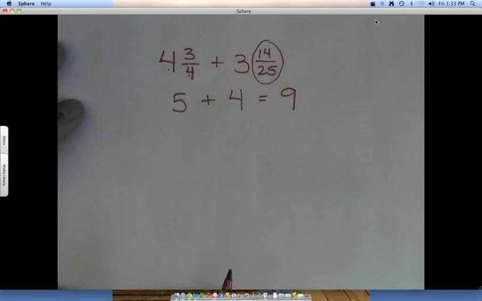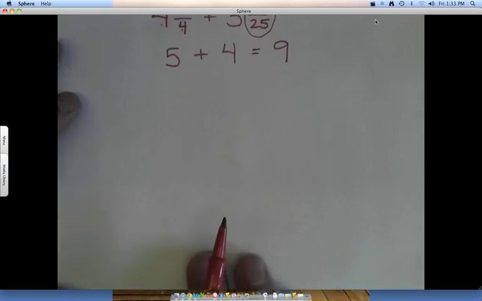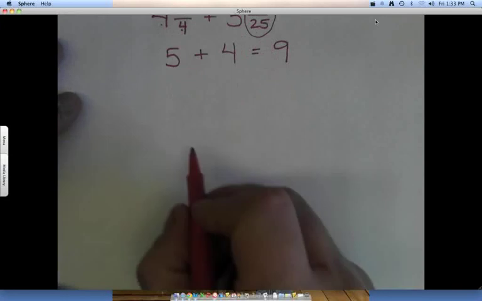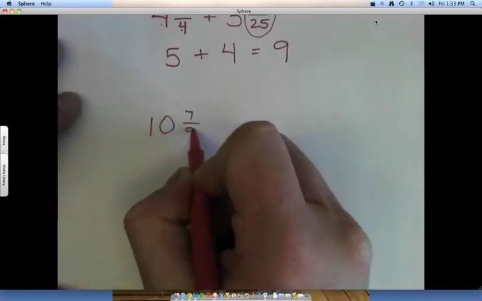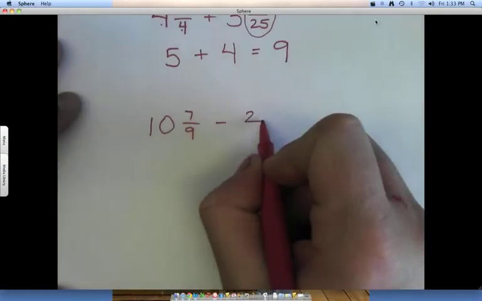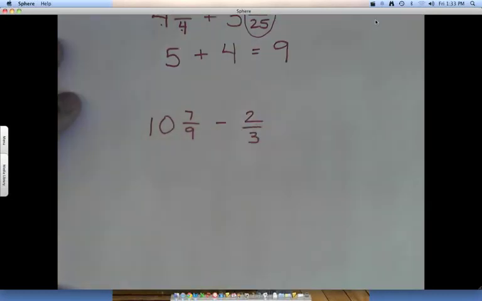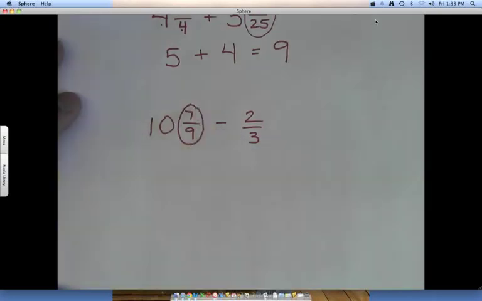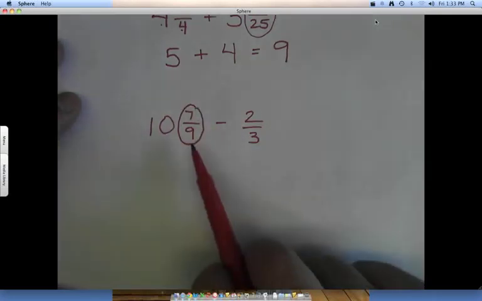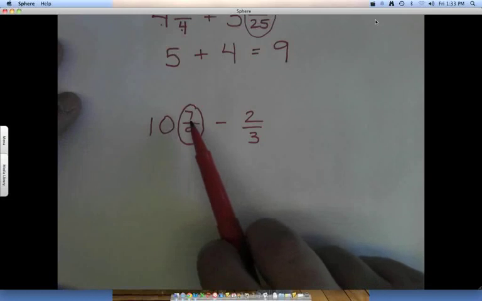Let's do a subtraction problem. So we have an example showing an estimate using difference. 10 7/9 minus 2/3. Again, look at your fraction, 7/9. Half of 9 is 4.5. Is 7 equal to or greater than 4.5? Yes, it is.